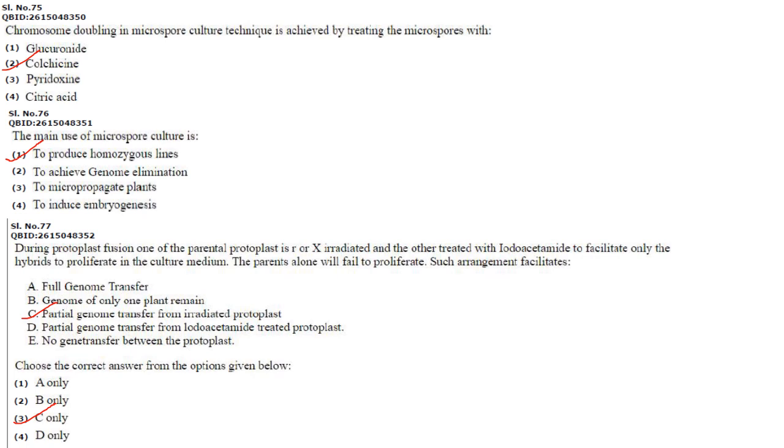Then next one. During protoplast fusion, one of the parental protoplasts is X or gamma irradiated and the other treated with iodoacetamide to facilitate only the hybrids to proliferate in the culture medium. The parents alone will fail to proliferate.